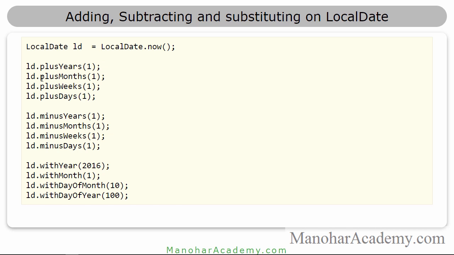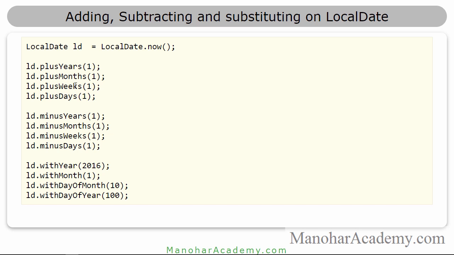For example, you have January 31st. On that particular date object, if you call plus months, you won't get February 31st. You are going to get the last day of February. So that matters. Then if you add one more month, you will again call plus month. So now from February 28th, you are going to get March 28th, not the last day of March.